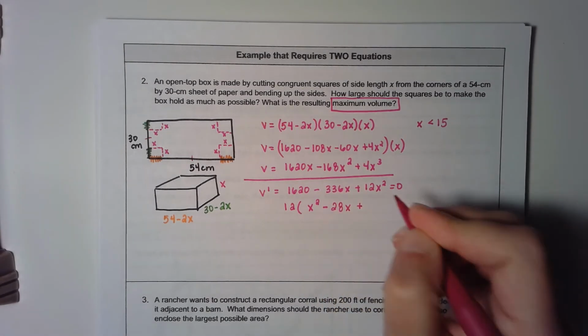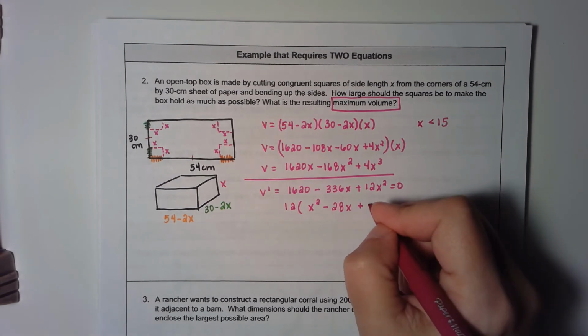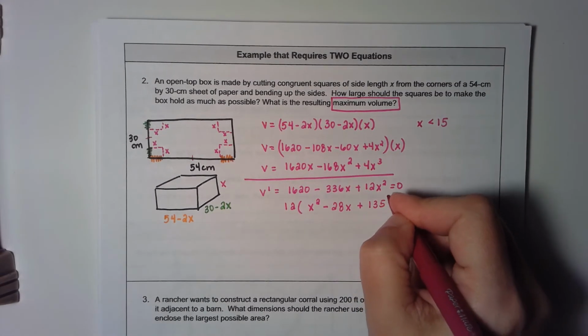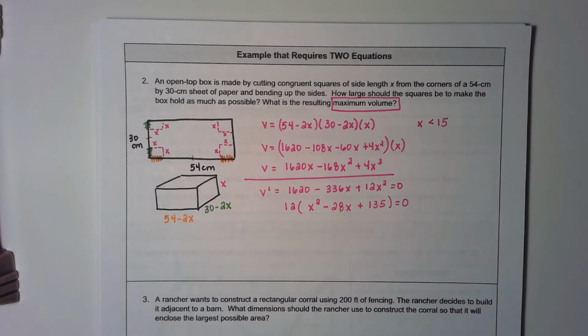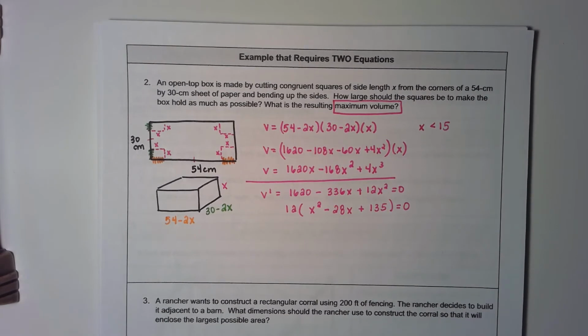And then plus 1620 divided by 12 is 135. Now, if you try to factor this quadratic, you're going to end up that it's not factorable. So at this point, when you see a quadratic, it might be worth using the quadratic formula.